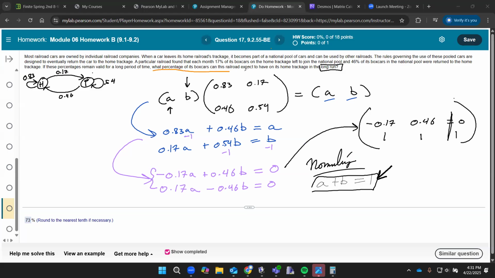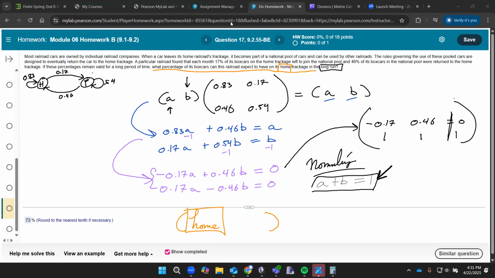What percentage of boxcars are at home? So this is going to give me two different numbers. I want the first one, the home version, the top number here. That's what I want.